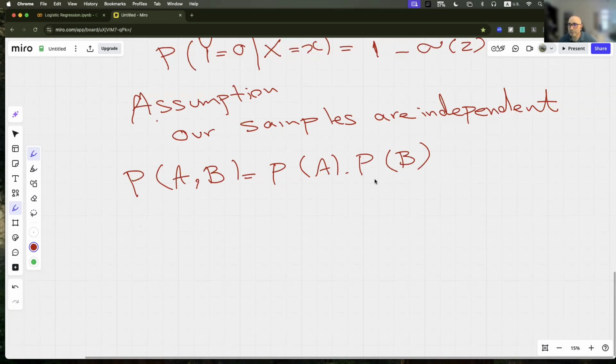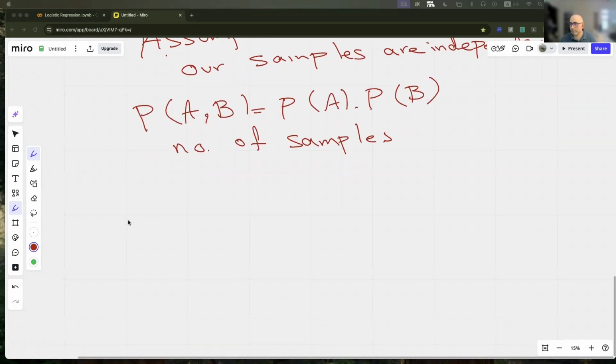So imagine these are two samples or two rows from your data set. The same idea works based on the number of samples that you have. So for our example, based on this independence, the equation that you see here would be something like this. I'm going to talk about what's going on here.